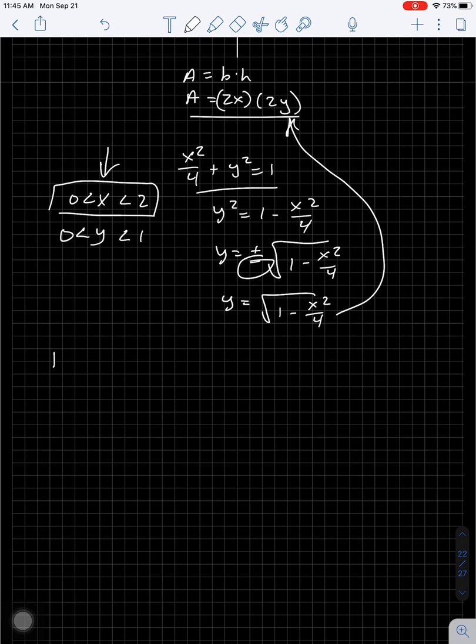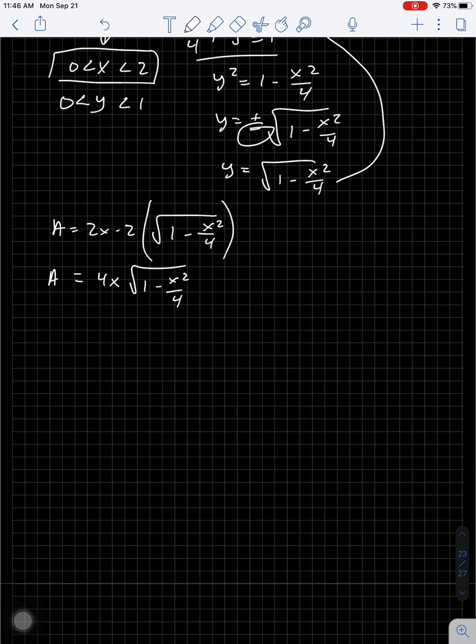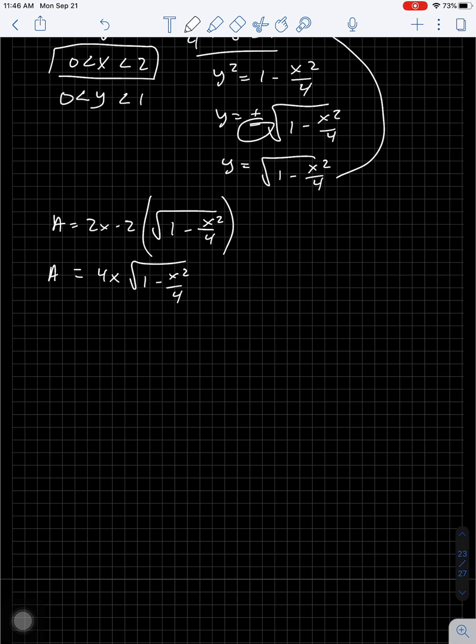So area is 2x times 2 times this root. So that's going to be 4x times the root, and we need to take the derivative. So this is a product rule and a chain rule.